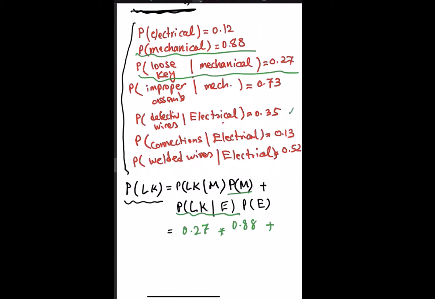These three, it's one of these. Error is electrical for sure. What is the probability that it is related to the loose key? 0. What is the probability that the error is electrical? 0.12. Okay, so it's just 0.27 multiplied by 0.88.